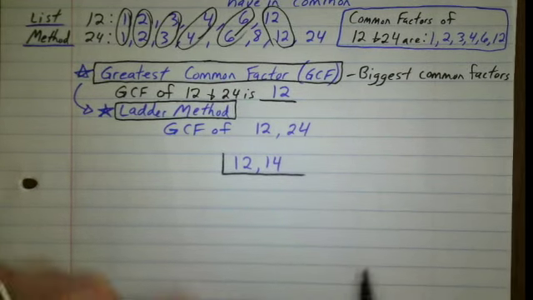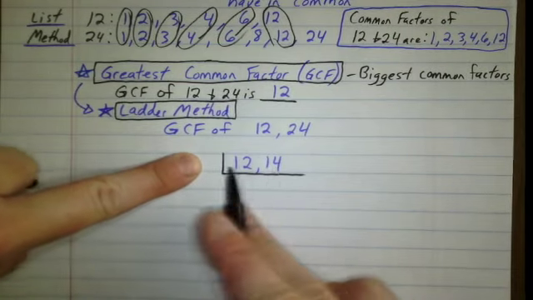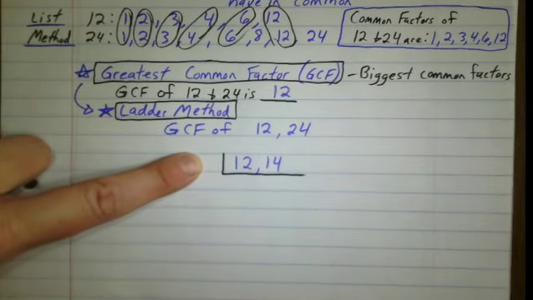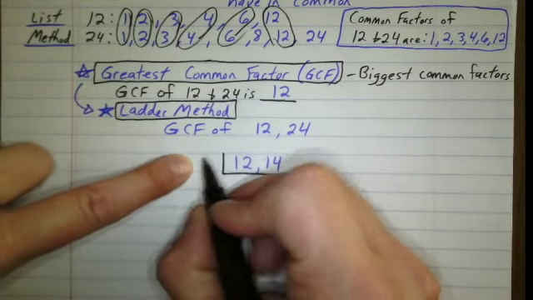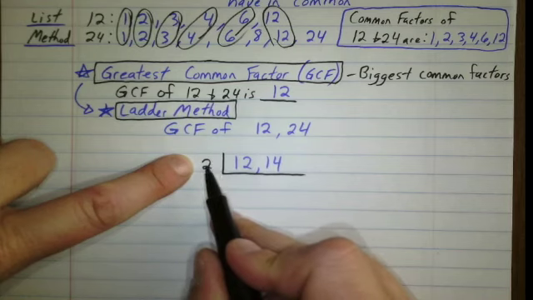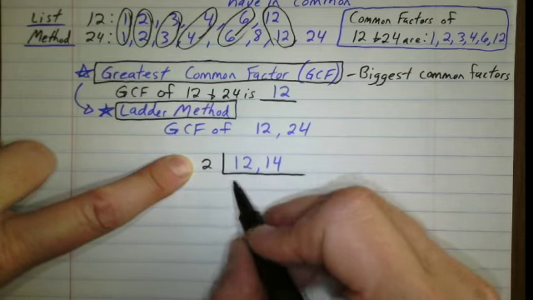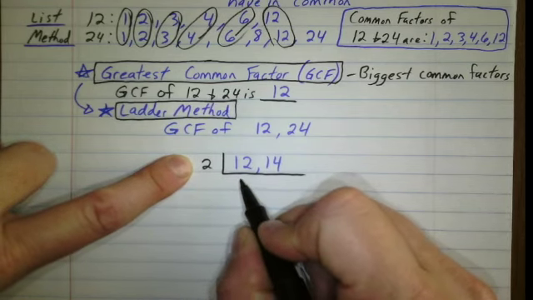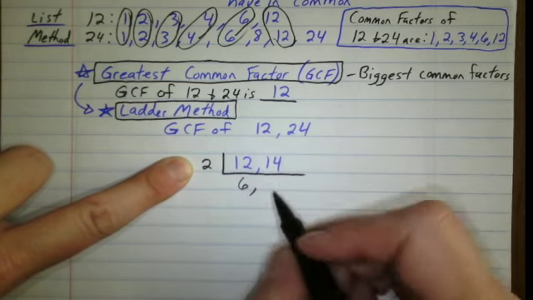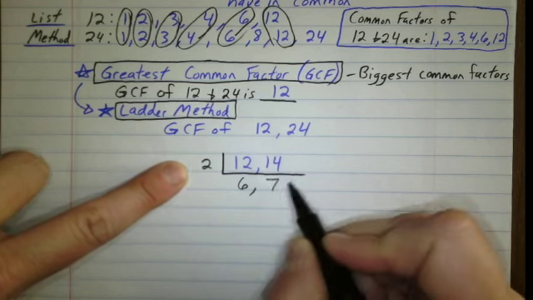When we made a rung, we were looking for a prime number that goes into both of them. Prime meaning that it had exactly two factors. So prime would be like 2, 3, 5. They were your smaller numbers. If you put a 2 over here, 12 divided by 2 is 6, and 14 divided by 2 is 7.